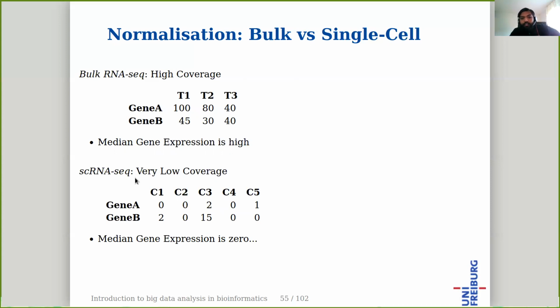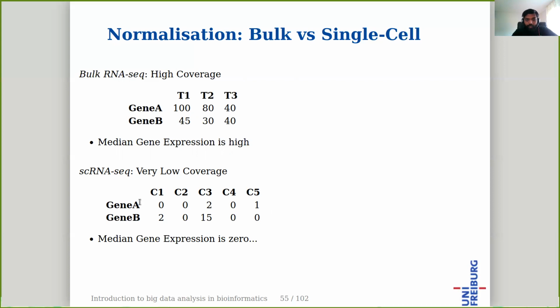In the single cell RNA sequencing, we usually get really low coverage because this T1, the tissue, is now not anymore one single column, but it is split into 1,000 different columns. So each cell is its own column.